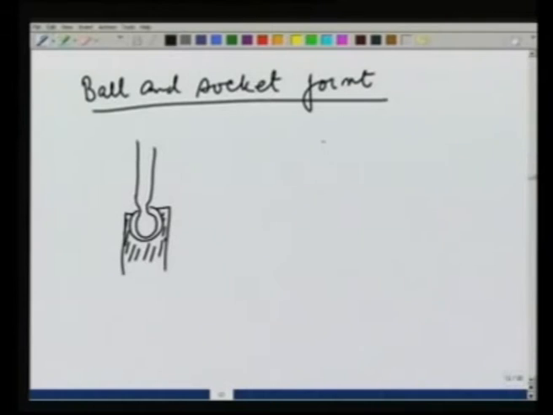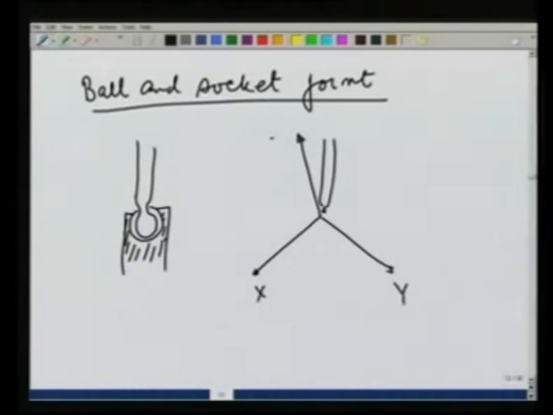So, a ball and socket joint, let me just now show it just like this, is capable of giving force in x, y and z all 3 directions. Let us say this is the z direction. On a socket joint, it can provide a force in x direction, it can provide a force in y direction and it can provide a force in z direction. This is the 3 dimensional counterpart of the pin joint or hinge joint of 2 dimensions.